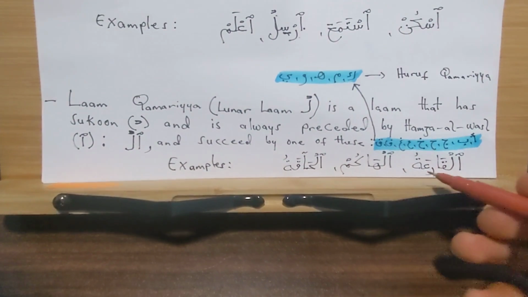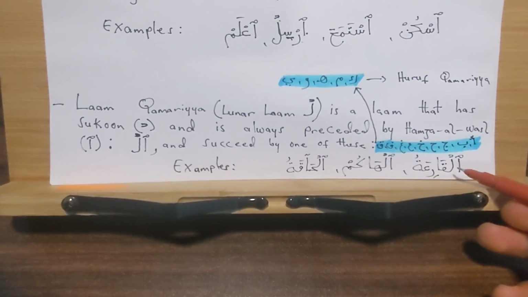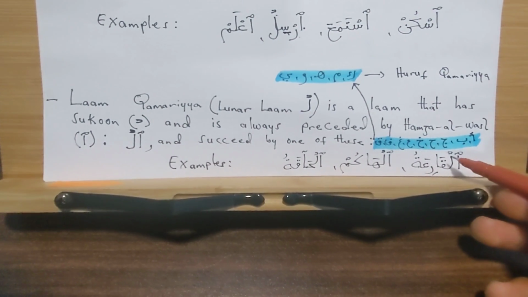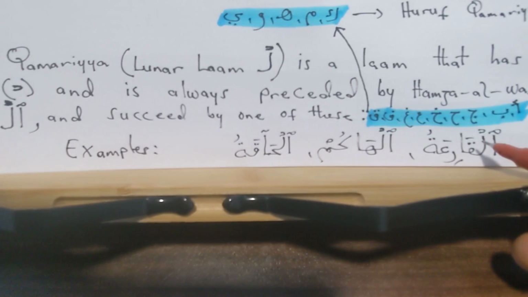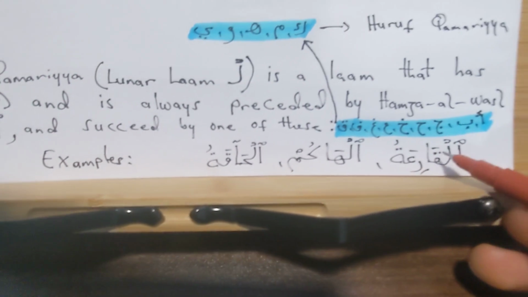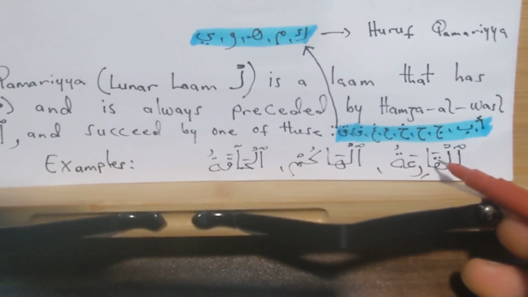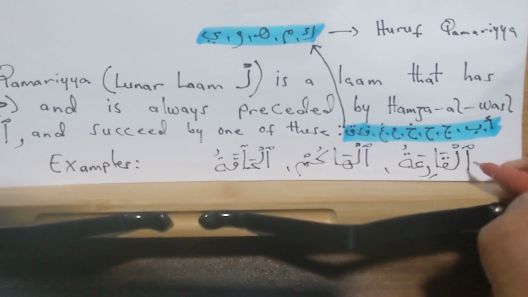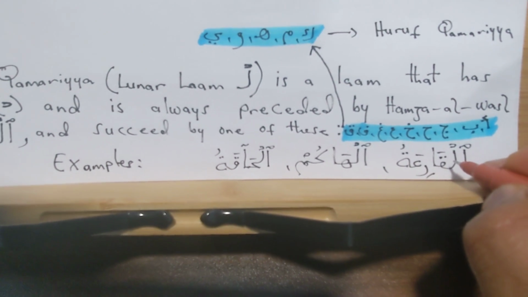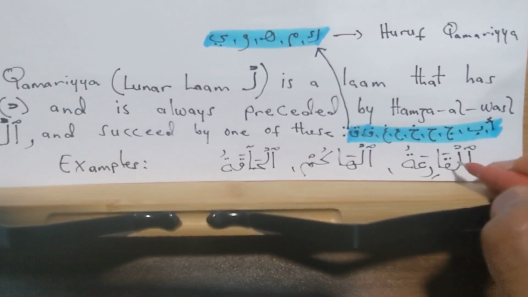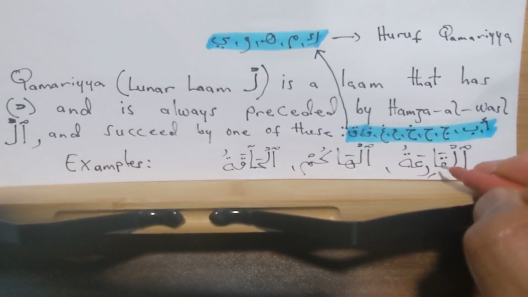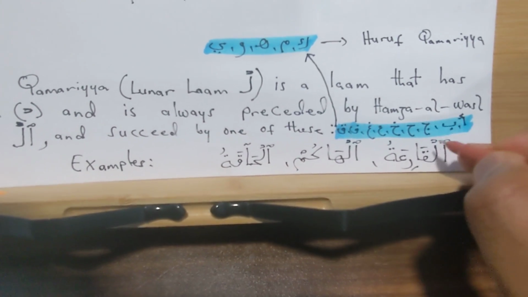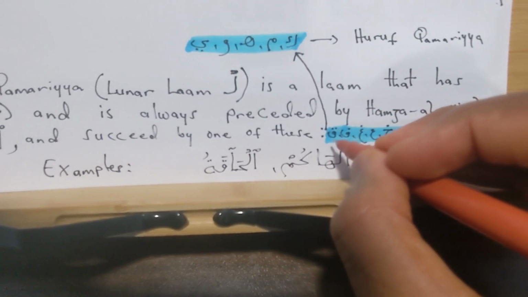And the examples are here. Al-Qari'atu: the first is the Hamzatul Wasl, then the Lam al-Qamariyya, and then the Harf al-Qamariyya, the letter Qa. Qa is from these 14 letters, and it's right here.